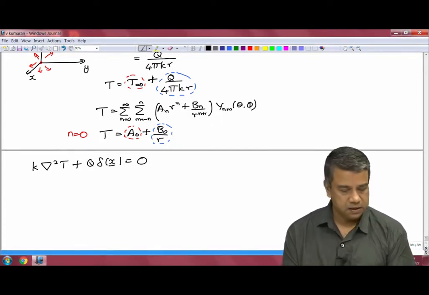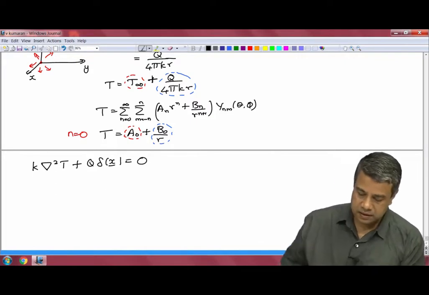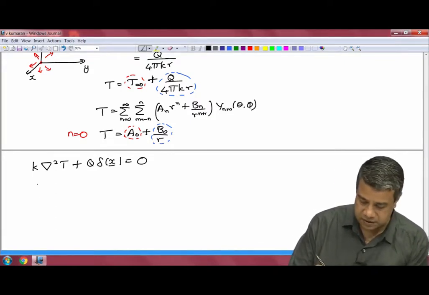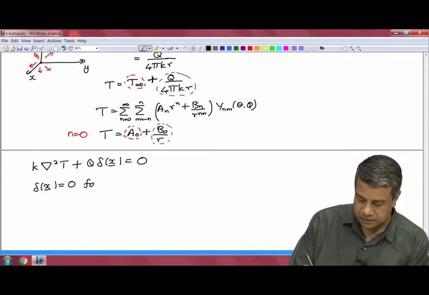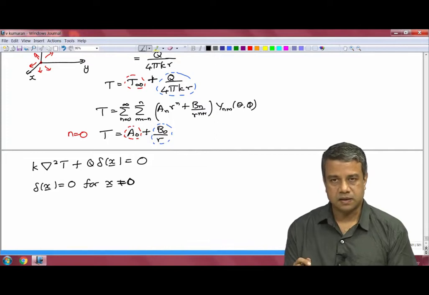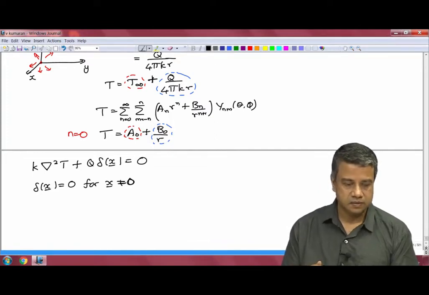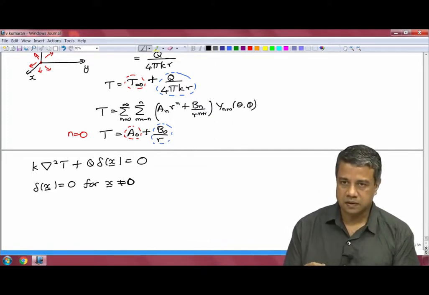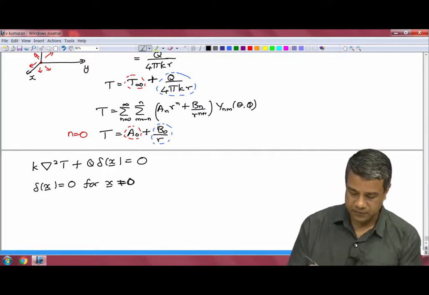Recall that the delta function satisfies the condition that delta of x is equal to 0 for x vector not equal to 0. That is, when x, y and z are not 0, that is, if either x is not 0 or y is not 0 or z is not 0, this is equal to 0.